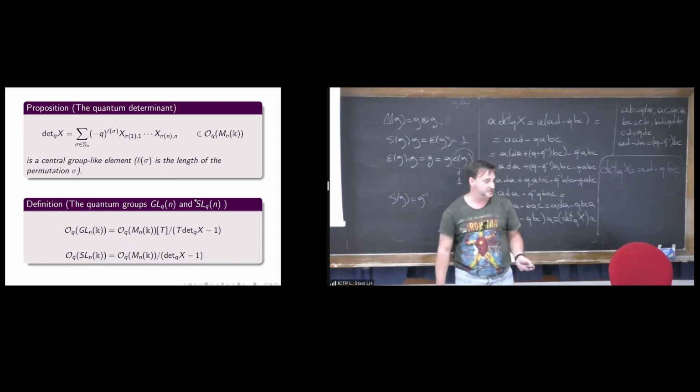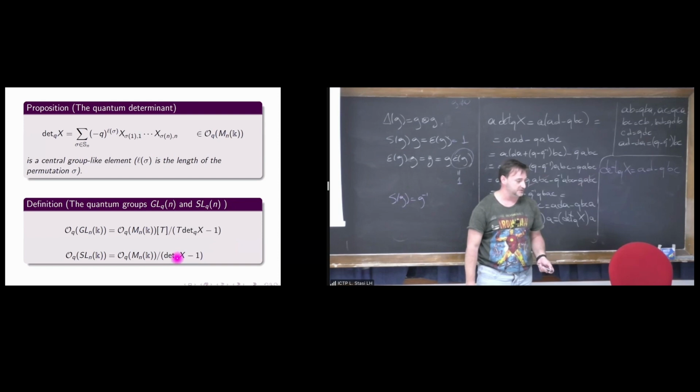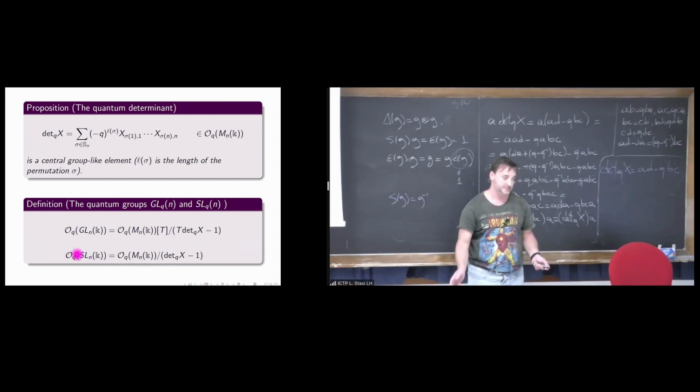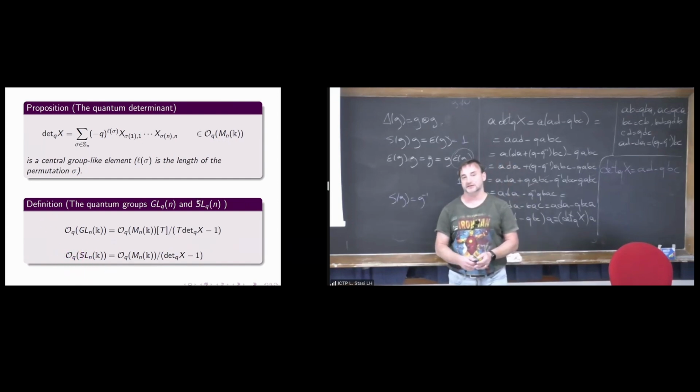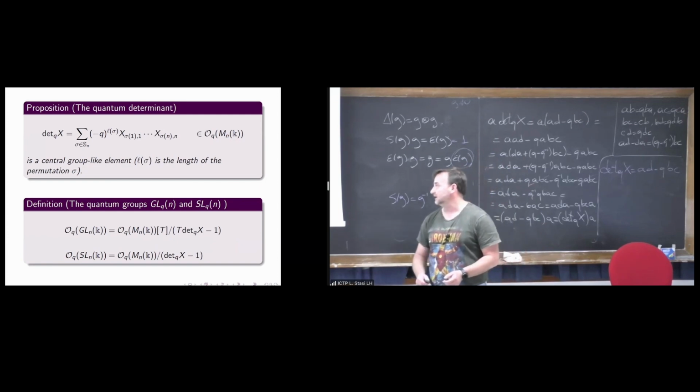So here we replace the determinant by the quantum determinant, and the functions on the matrices by the quantum functions, and then we have a definition of another quantum bialgebra, the quantum function algebra over SLN.